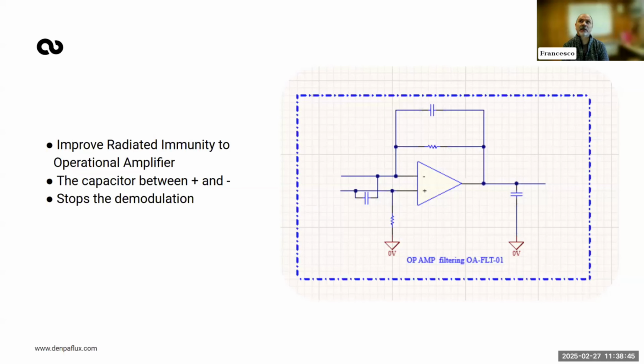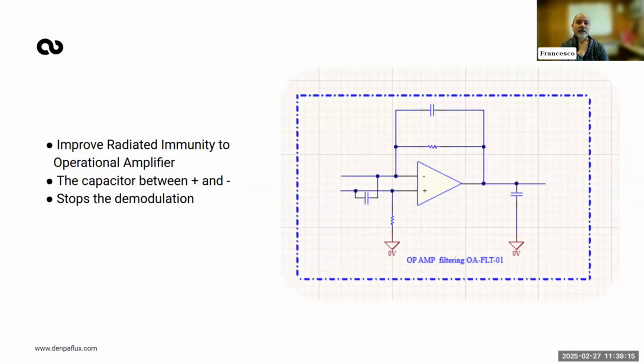Usually, one of the tests you have is sending a 1 kilohertz modulated signal, usually with an 80% modulation index, over a very large frequency range, usually from 30 megahertz up to 1 gigahertz, for example, or more now, depending on the standard.